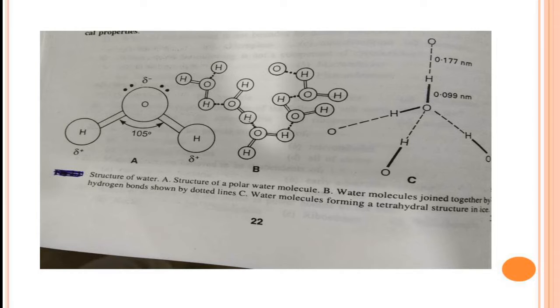Here in this particular figure, water molecules are joined together by a hydrogen bond. This dotted line shows the hydrogen bond between oxygen atom and hydrogen atom. This hydrogen bond is very weak, but a number of hydrogen bonds are there and they form a strong force of attraction between oxygen and hydrogen.